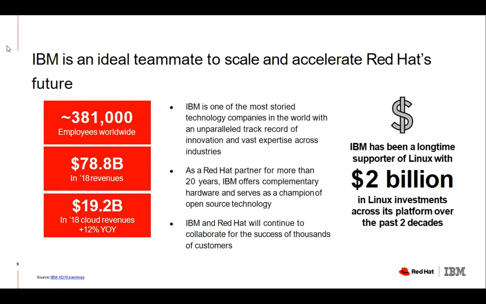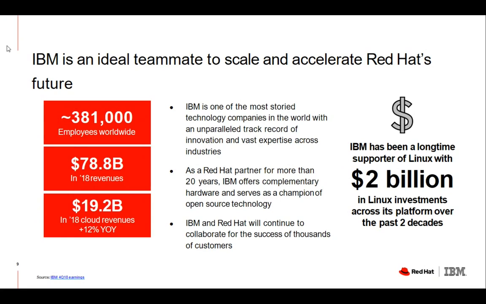IBM was a Red Hat partner for more than 20 years, and then IBM acquired Red Hat. This helped IBM to create their own hybrid cloud story, which was somewhere not really going well initially. And Red Hat has the kind of technology which complements IBM's portfolio. And this is where this marriage is very successful.